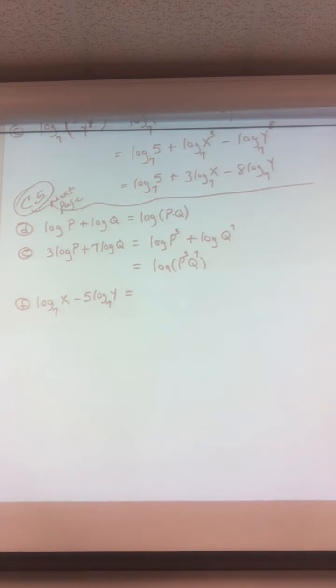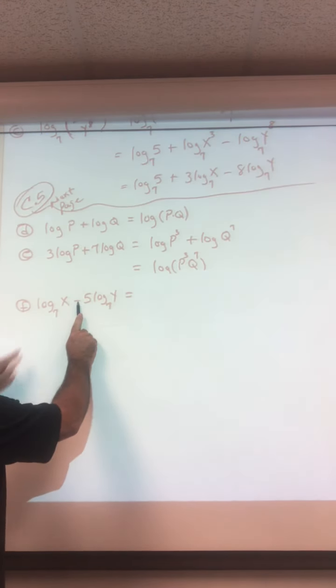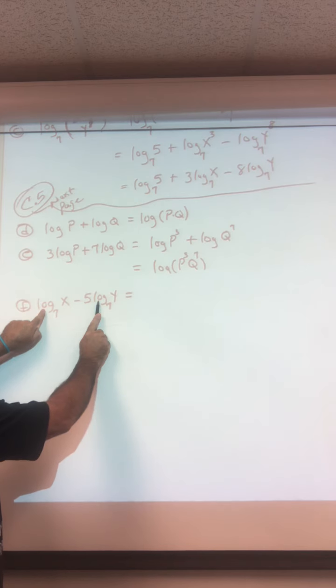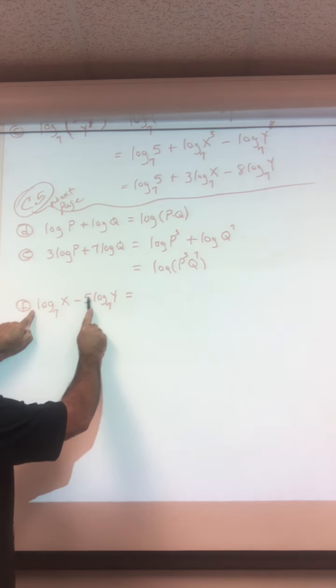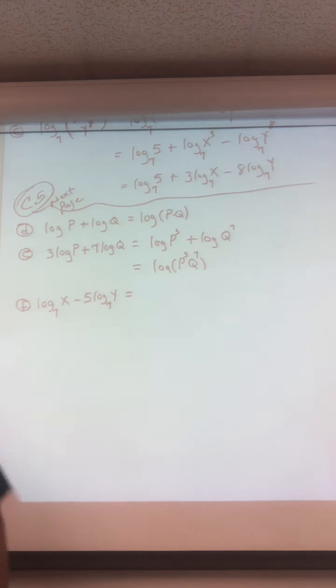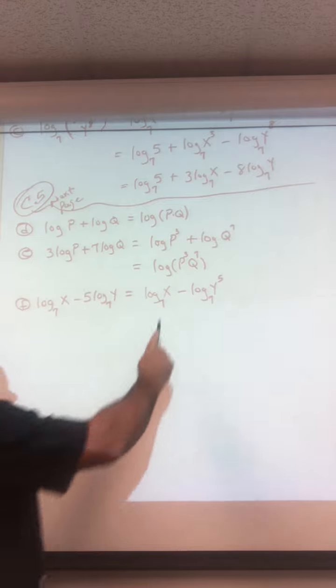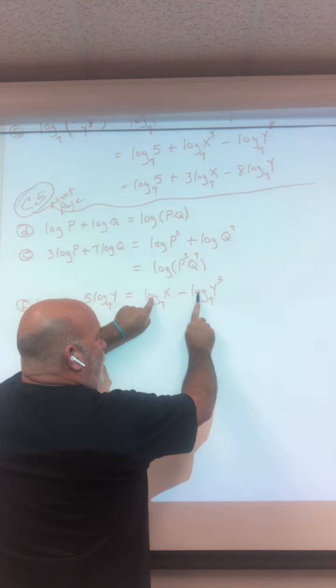Okay, let's look at this one. You're subtracting 2 logs. Do you have a number in front of the log here? No, but I do here. So put this 5 back above the y. All right, when I do that, I get this. Now, we are subtracting 2 logs.